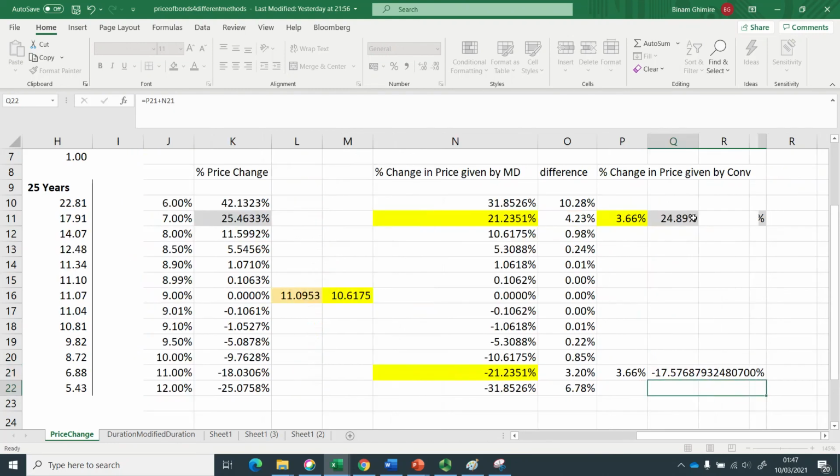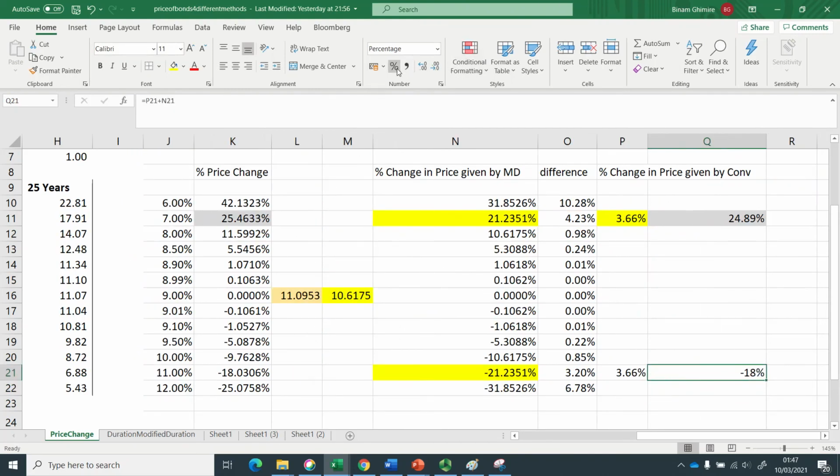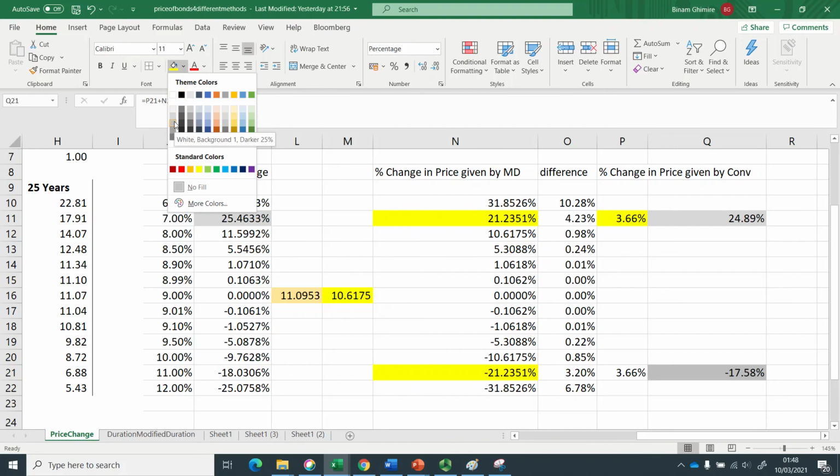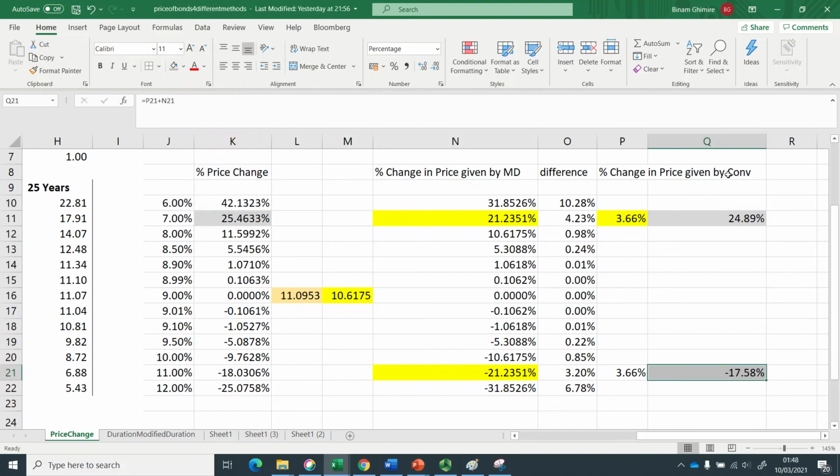That brings us to something like negative 17.58. Let's compare it with the actual, which is negative 18. So that's again a very close approximate percentage price change, which is possible through combining convexity and modified duration.